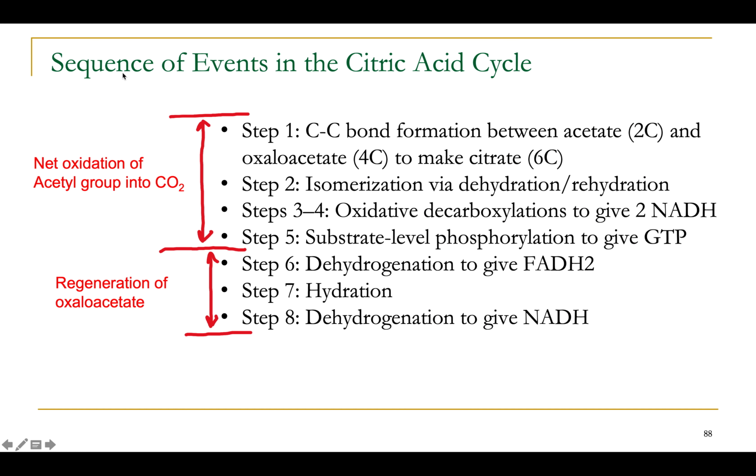In the next part, we will discuss the details of each of the 8 steps of the citric acid cycle and their purpose, bringing our description down to two phases: the oxidation of the acetyl group into carbon dioxide and the phase of regeneration of oxaloacetate.